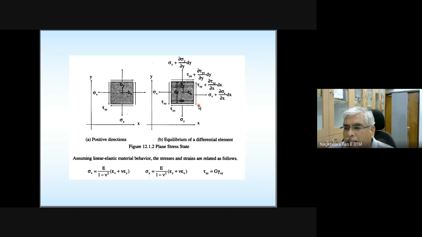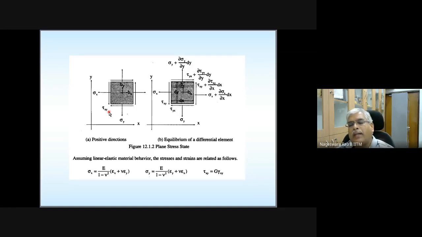Because I want to write the equilibrium, I want to make sure about this element of length dx, dy, and what about the other dimension? dx is along x direction, dy is along y direction, and this is a differential element. If you take the out of plane direction along the z-axis, the thickness is taken as 1 unit.